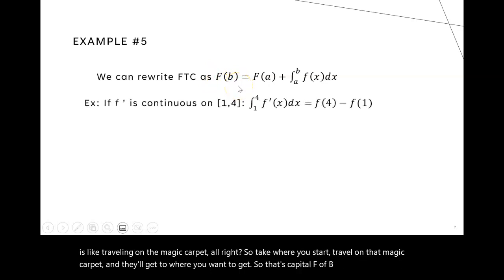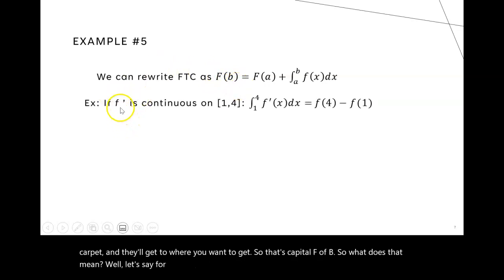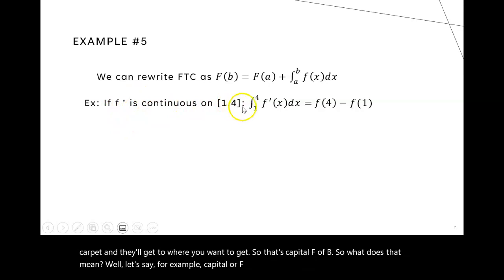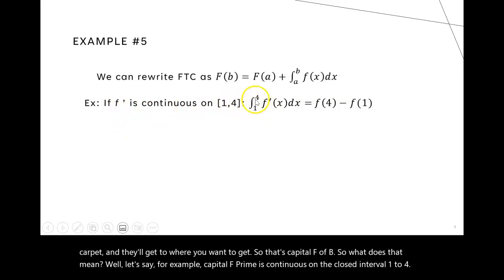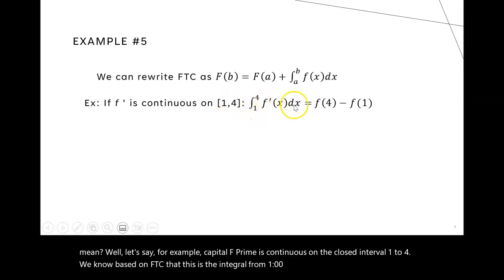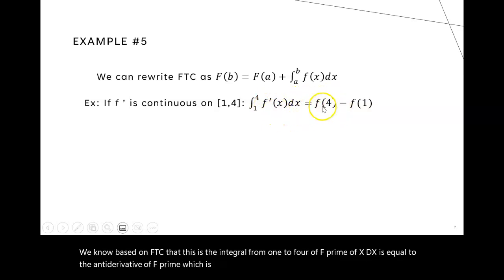What does that mean? Well, let's say, for example, time is continuous on the closed interval 1 to 4. We know, based on FTC, that the integral from 1 to 4 of f prime of x dx is equal to the antiderivative of f prime, which is just f, at 4 minus f at 1. So this is another statement of FTC.